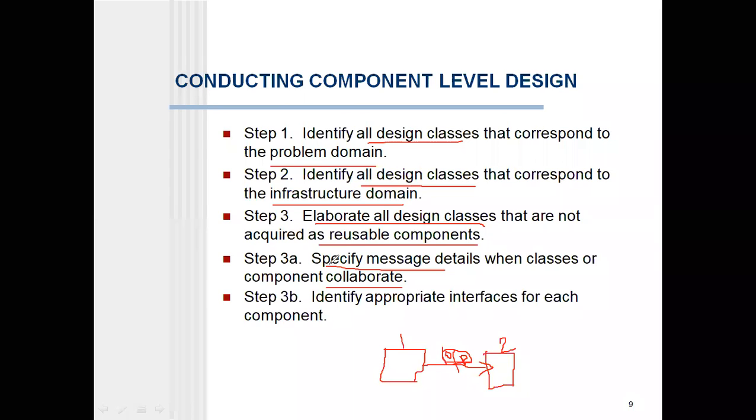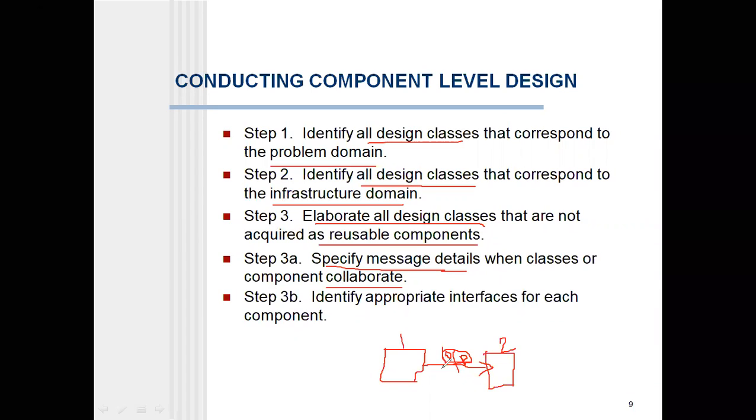So what is step 3a? It specifies the message details. You need to specify the message details when classes or components collaborate. Collaboration means they have a relationship with one another, right? So which kind of relation, what is the operation there?